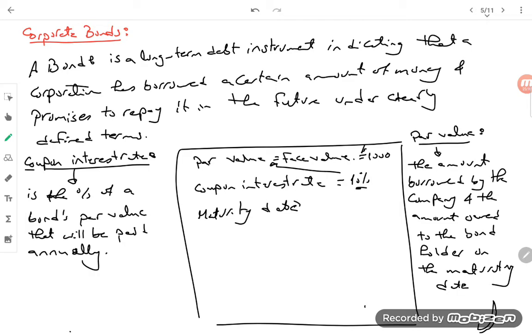The maturity date is the time at which the bond becomes due and the principal must be repaid.